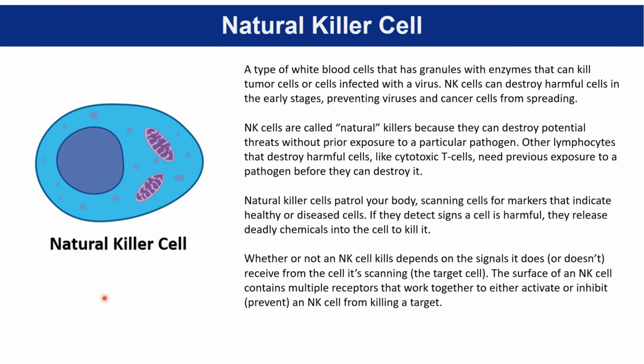So why are they called natural killer cells? That means these cells have the ability to destroy any potential threat directly, without prior exposure to such a pathogen. Whereas, for example, the cytotoxic T cell can also kill such pathogens, but it needs some signal or information from other cells.